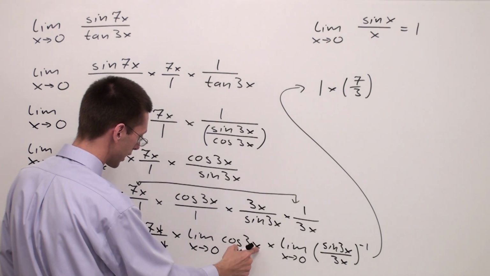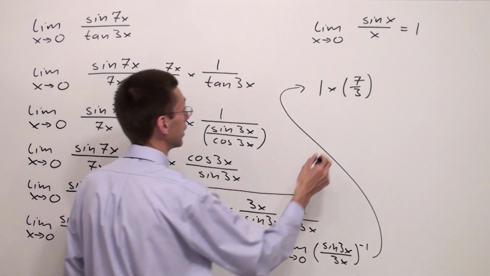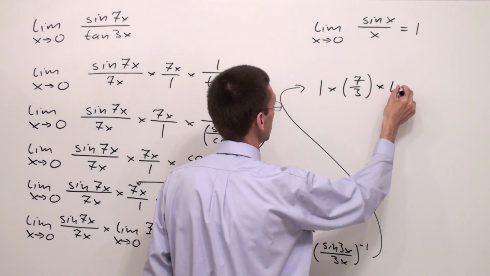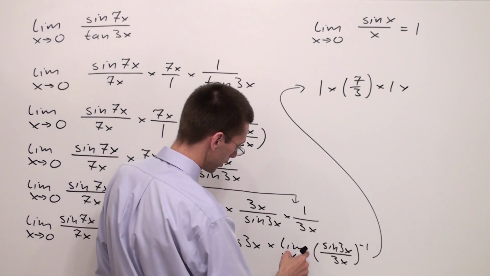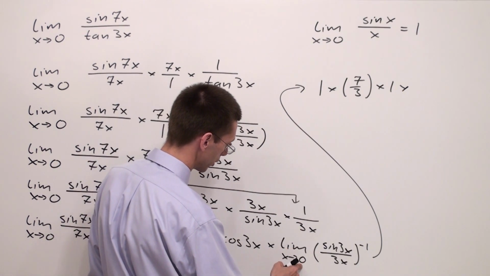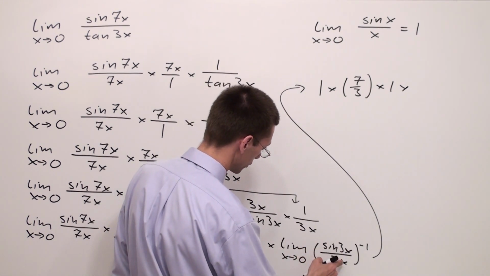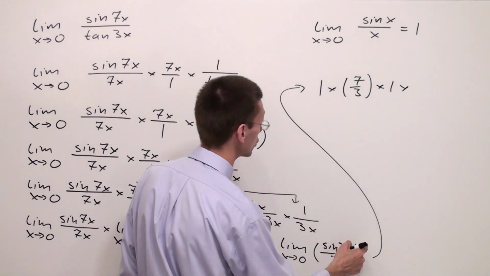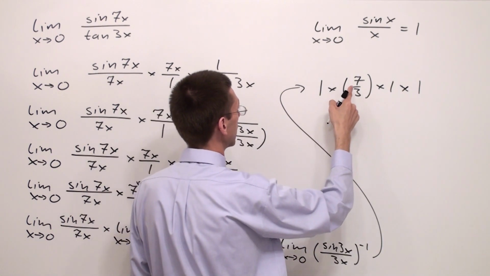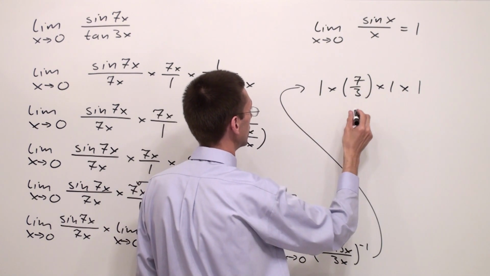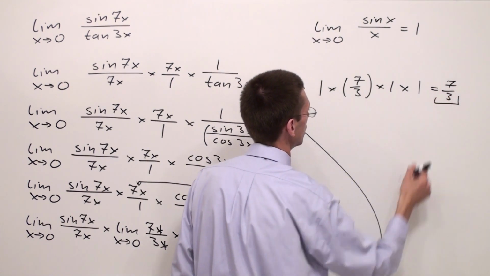If you replace x by 0, you are going to have cosine of 0, which is equal to 1, times 1, times, now I have the limit with x approaching 0 of sine of 3x over 3x to the power -1. This is also equal to 1. So I have 1 times 7/3 times 1 times 1, which is equal to 7/3. And this is the solution to my problem.